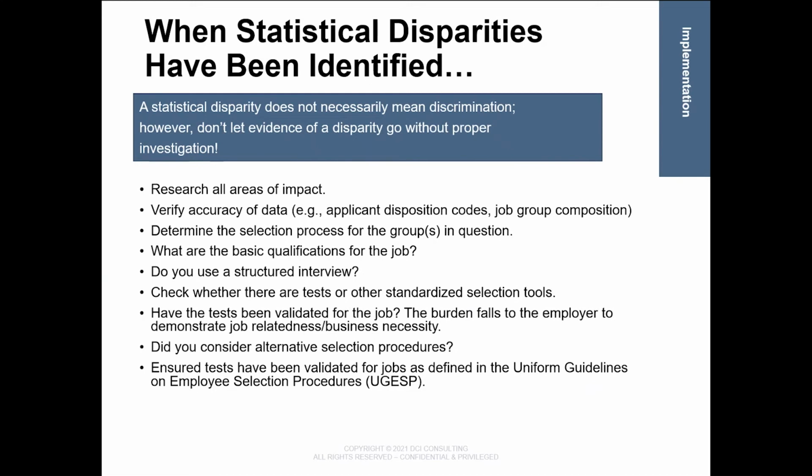Check whether there are tests or other standardized selection tools, and if so, determine if the tests have been validated for the job as defined in the Uniform Guidelines on Employee Selection Procedures. The burden falls to the employer to demonstrate job relatedness and business necessity of selection tools. Did you consider alternative selection procedures? This line of thinking is critical to understanding why disparities may exist.